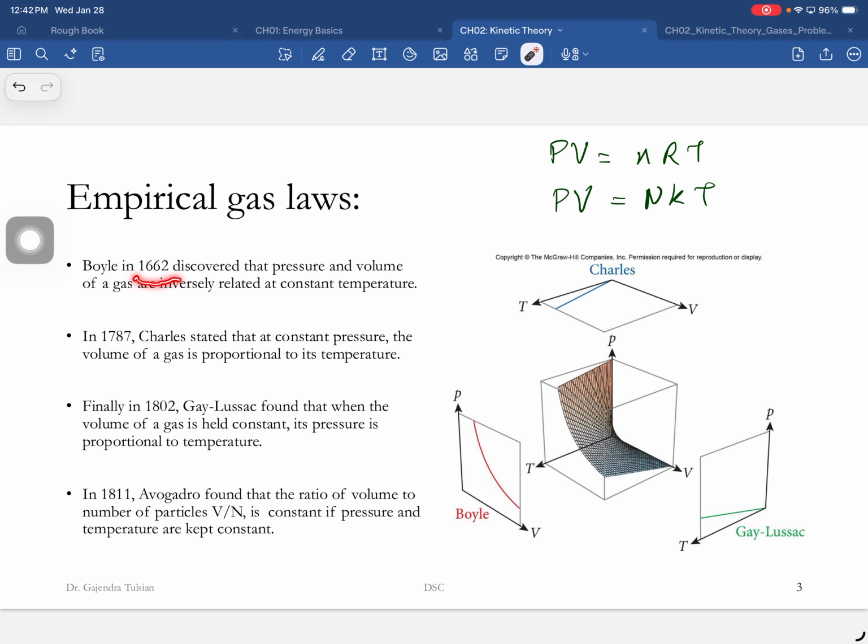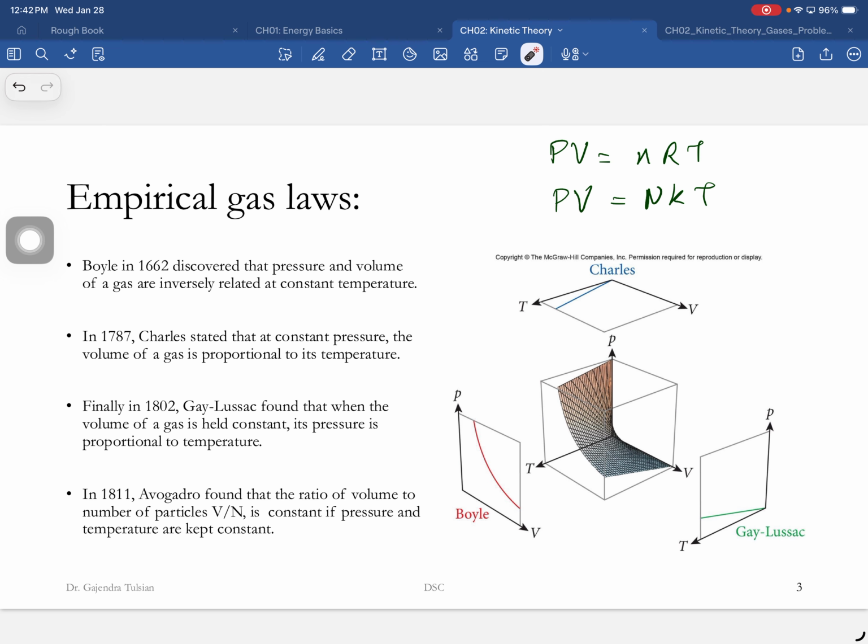Mr. Boyle in 1660 discovered that the pressure and volume of a gas are inversely related at constant temperature. What Mr. Boyle found was he took a sample of gas, and kept the number of molecules and the temperature constant.